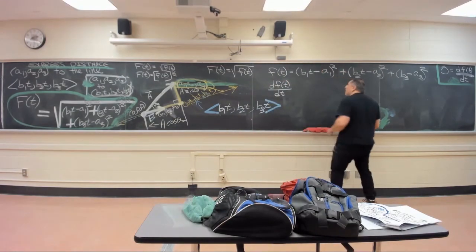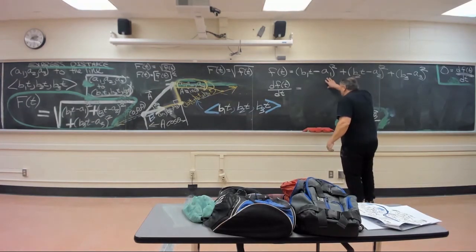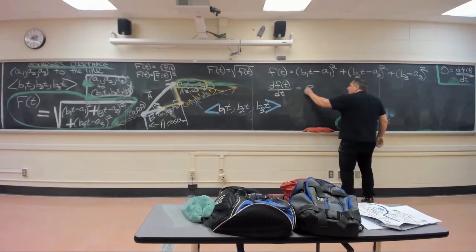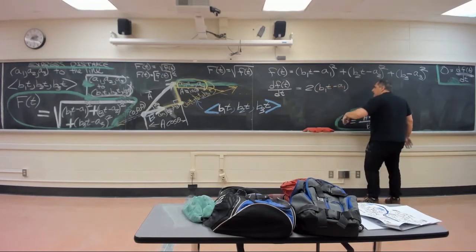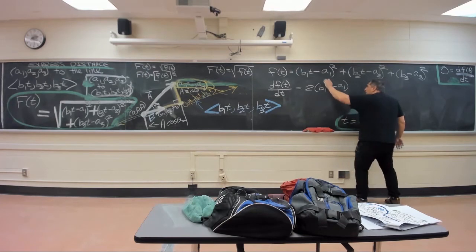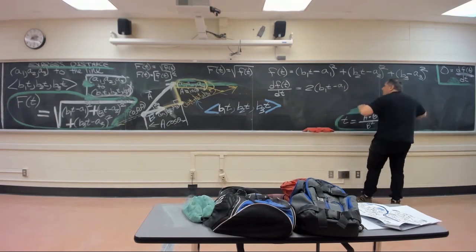Okay, so let's go. Take the derivative with respect to t. Let's do the sum rule, the chain rule and the sum rule. That's the first part of it. I'm going to do this guy first, then this guy, then that guy. Let's go.